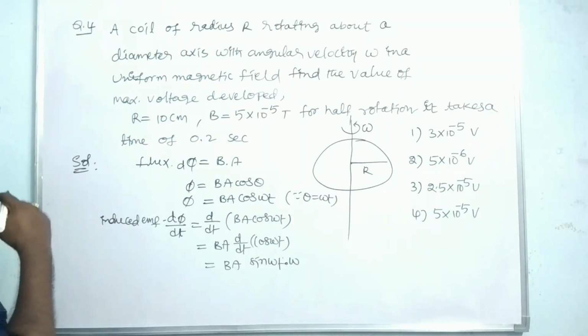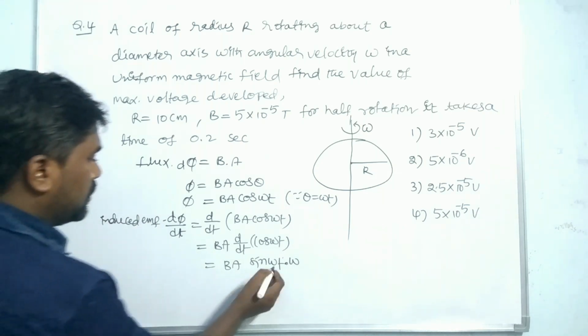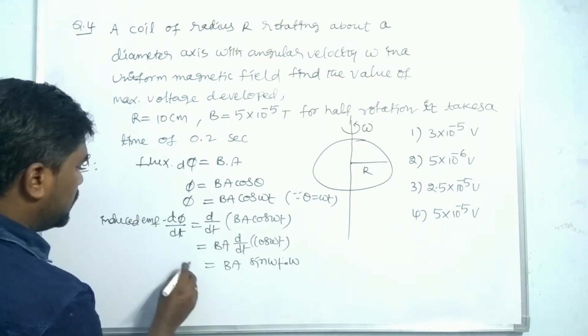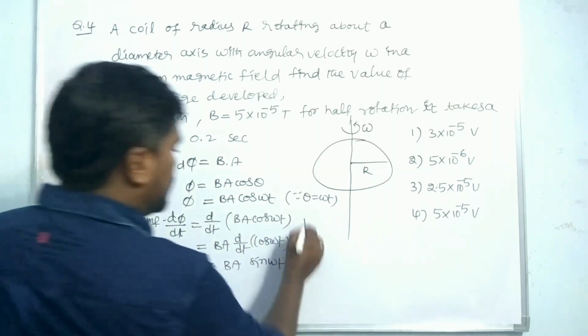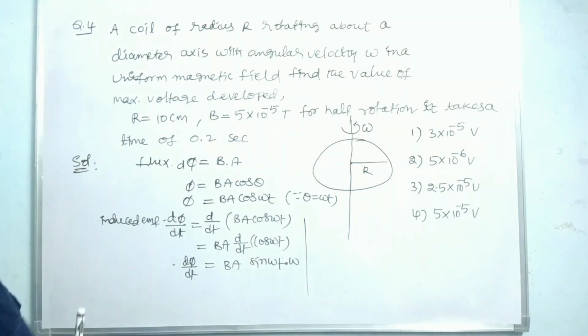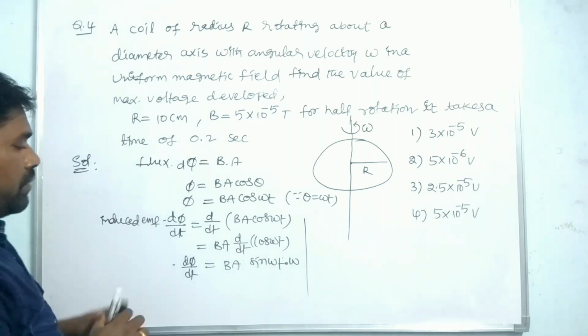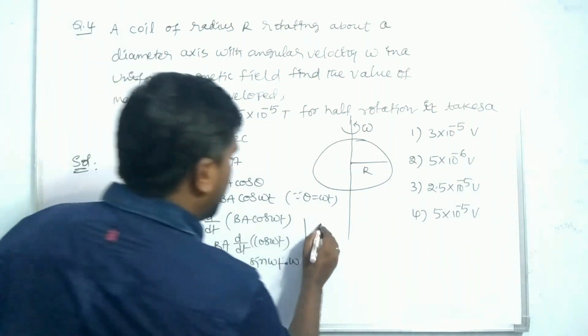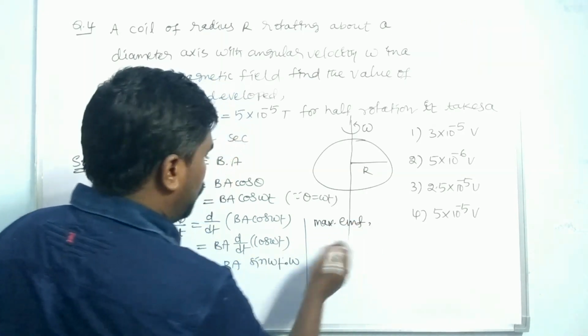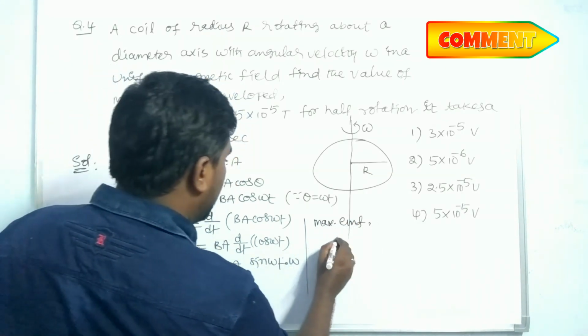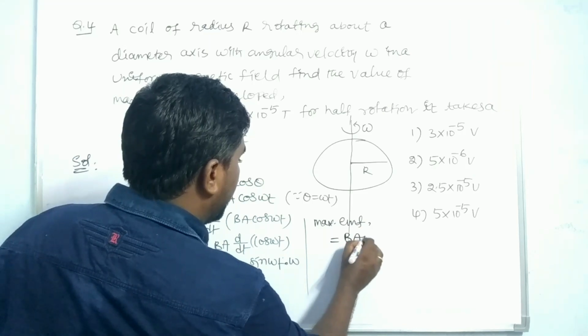Okay, here we can write d phi by dt, whereas the maximum voltage, the maximum induced EMF, is nothing but BA omega.